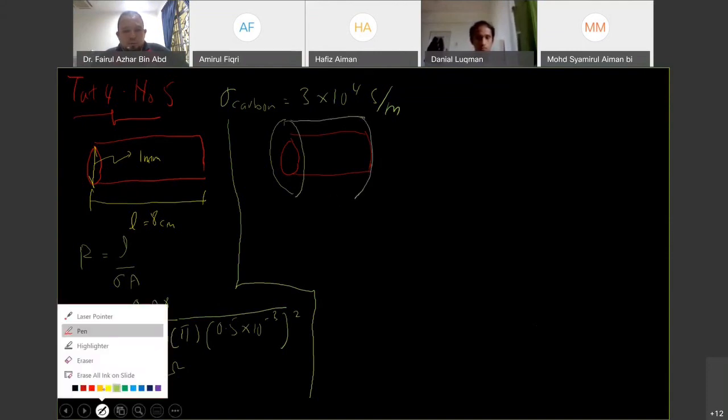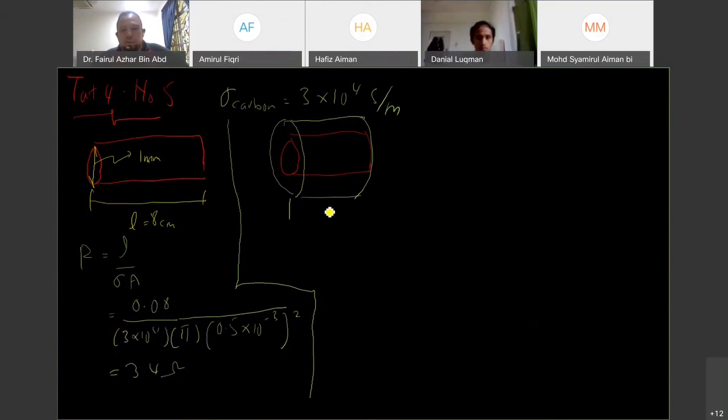We still have the same length, which is 8 centimeter, and the diameter is still the same, 1 millimeter. And the question asks us to find the thickness of this copper layer.